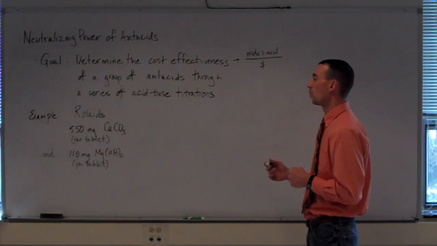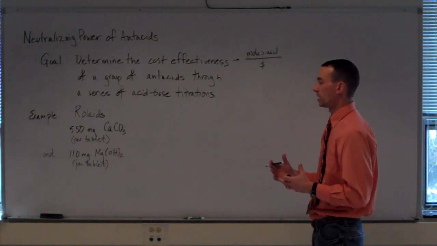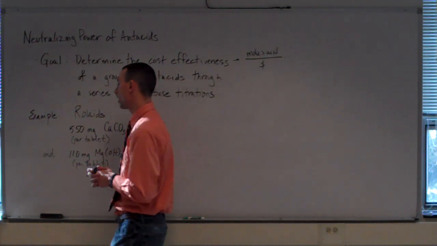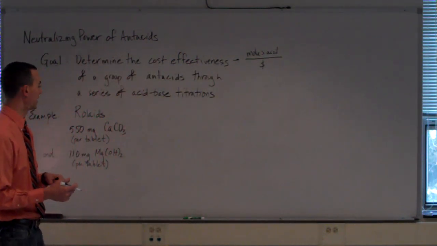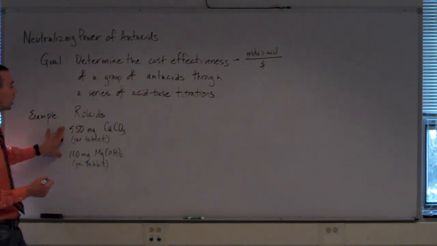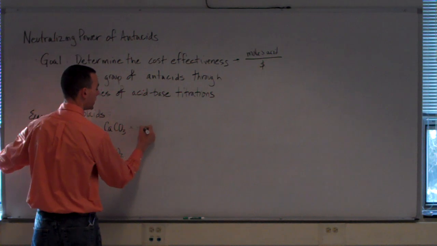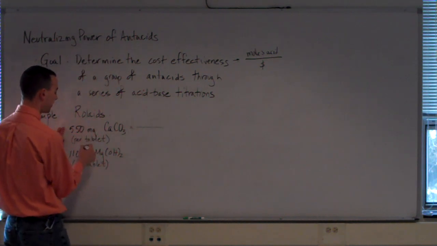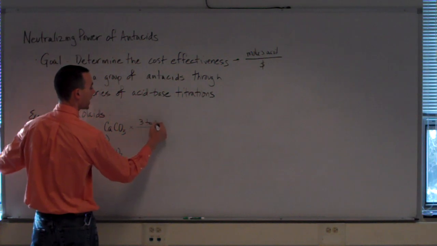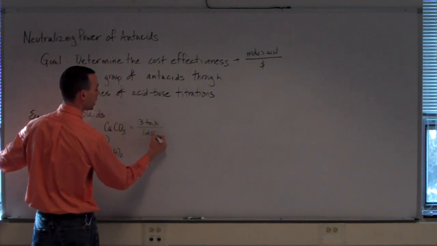Okay. So how many moles of active ingredients are in a single dosage? Because a dose of Rolaids is 3 tablets. So this is 550 milligrams per tablet, but 3 tablets is 1 dose.